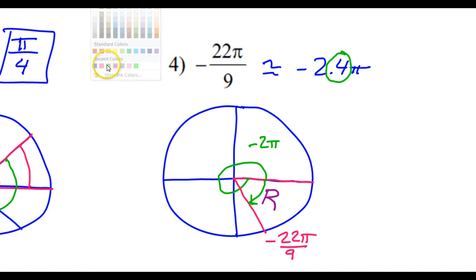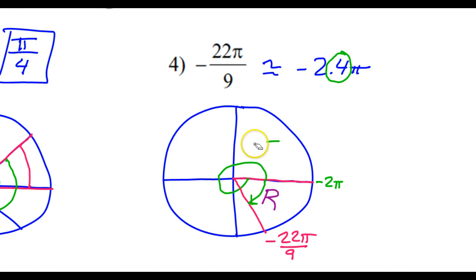And to be clear, remember when I went 1 revolution, I had gone negative 2 pi. I wrote it here, but let me make it more clear by putting it on this border right here. So 1 revolution back to the start was negative 2 pi. But if I went beyond that, then I arrived at negative 22 pi over 9, because that's negative 2.4 pi approximately.